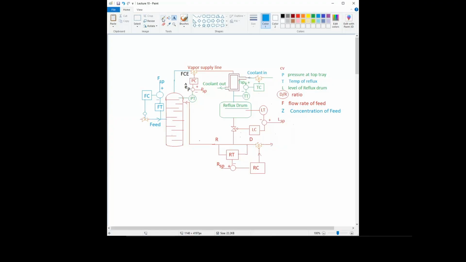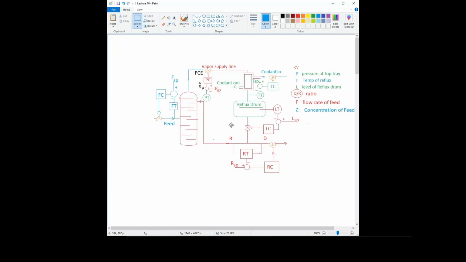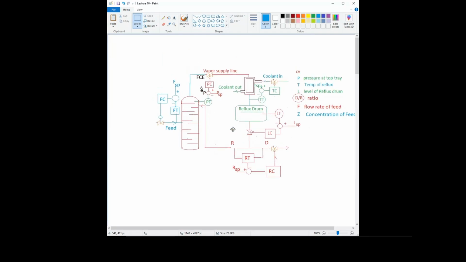So this will be our sixth variable. So we will shift this diagram to the right a bit so that we can have some space. Yes. So Z is our last variable.